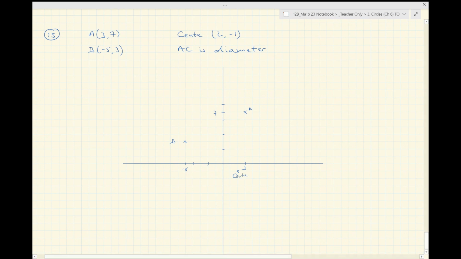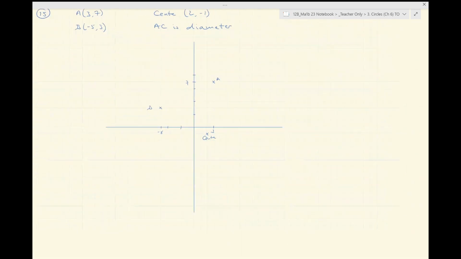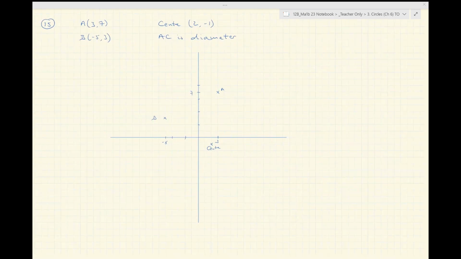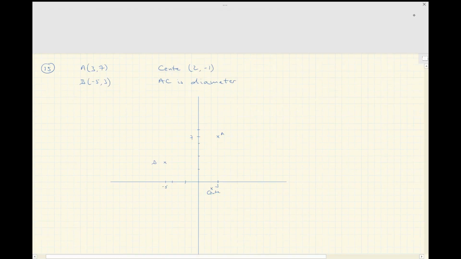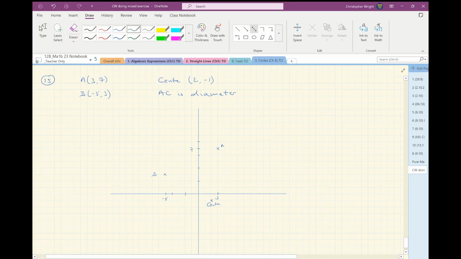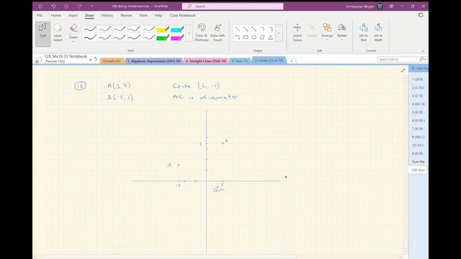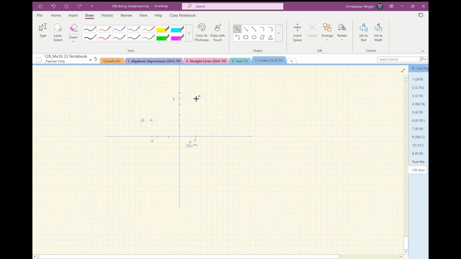Okay, I'm told that AB is the chord of the circle, and that AC is the diameter, and I'm asked to find C. So, looking at this diagram here, I could imagine this straight line here. It's going to go from A through the centre of the circle and down here somewhere, isn't it?